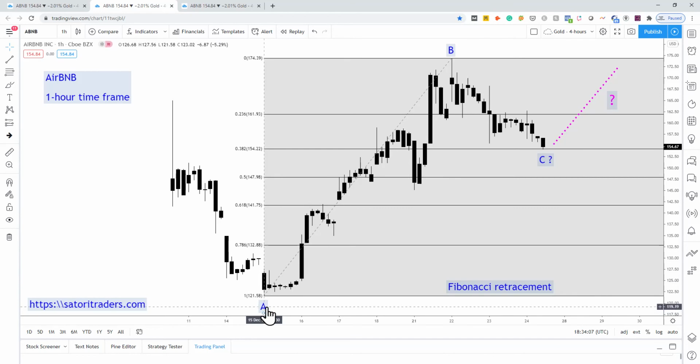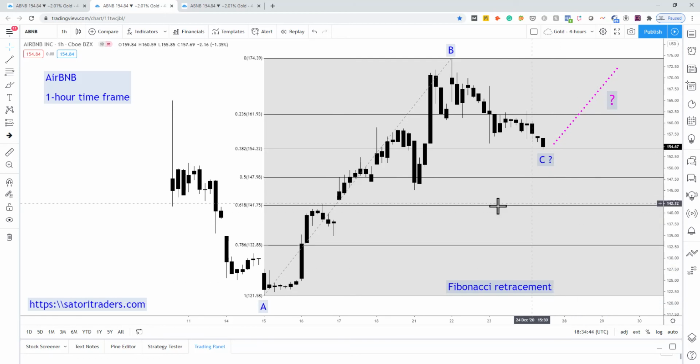In this case, I've picked A and B. What the tool predicts for us is a potential area of support where price will potentially reverse and then continue its previous trend. That's the key idea when we're applying Fibonacci retracement. We're assuming that the existing trend will continue once the correction is complete.